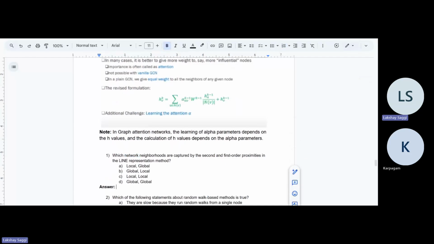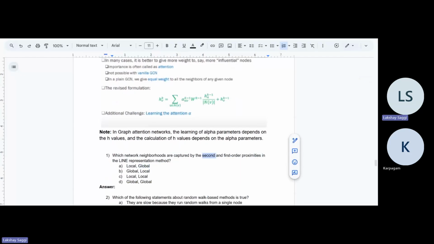The first question is: which network neighborhoods are captured by the second and first order proximities in the LINE representation network? Local or global?